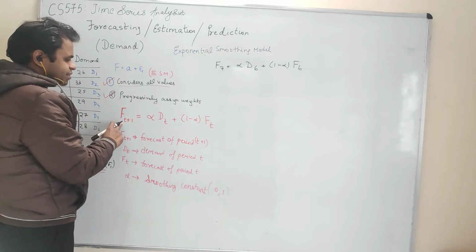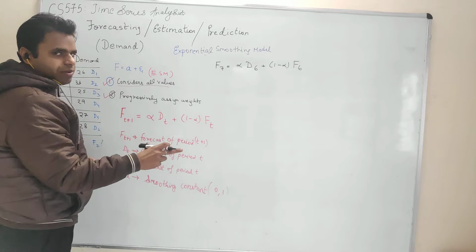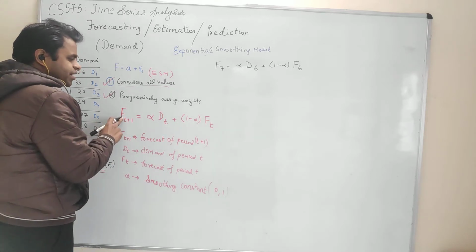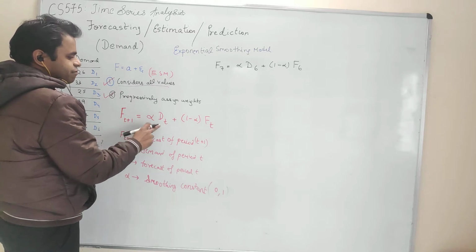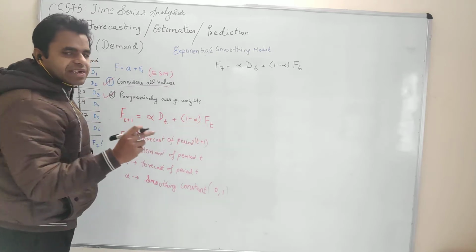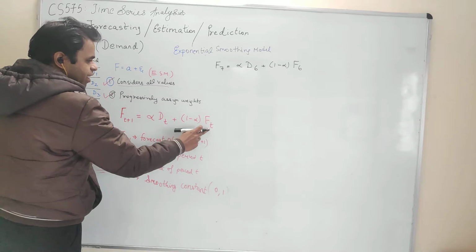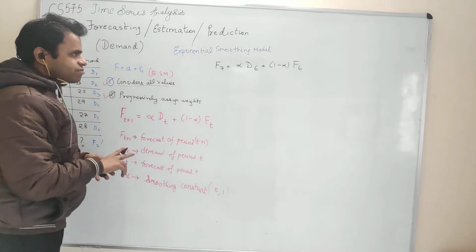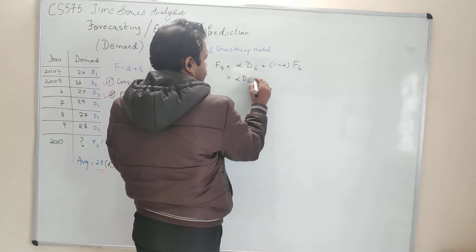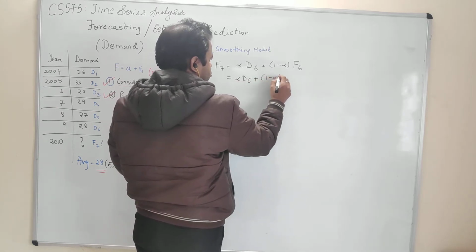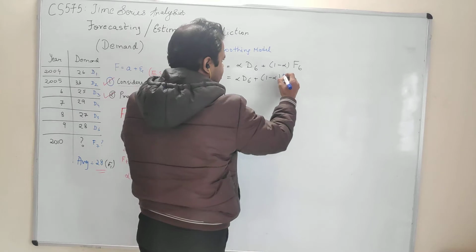Now if you can see, this formula is a recursive formula. This formula is defined in terms of itself. So F(t+1) is a function of d(t) and F(t) itself, so I can use F(t) to rewrite this formula. I am changing the color.